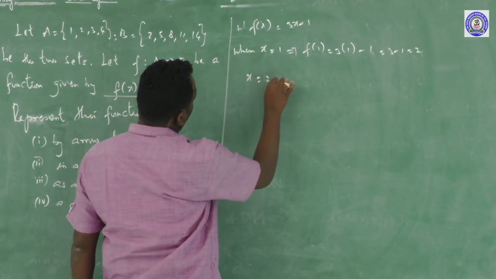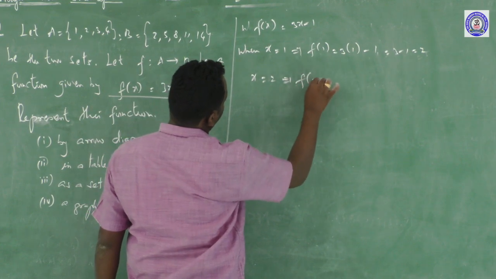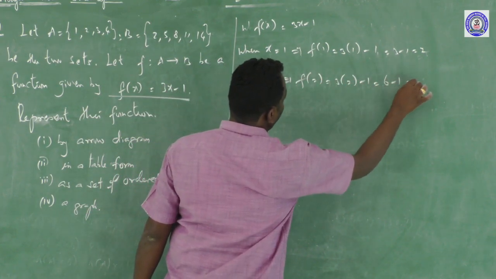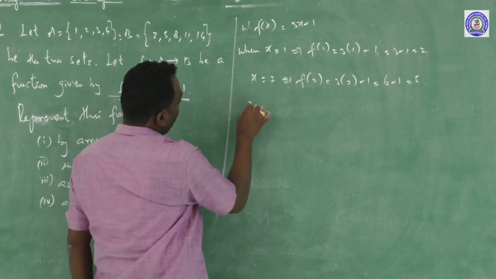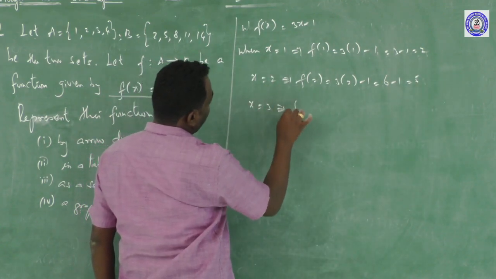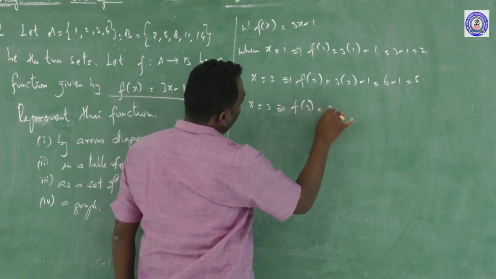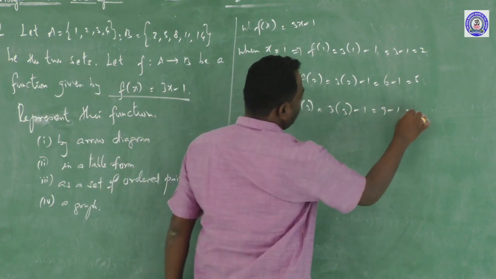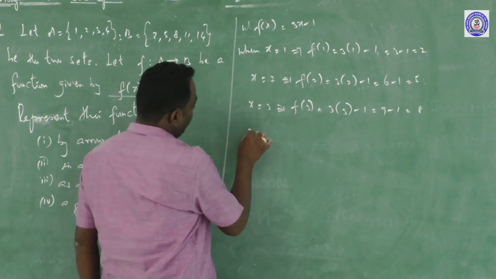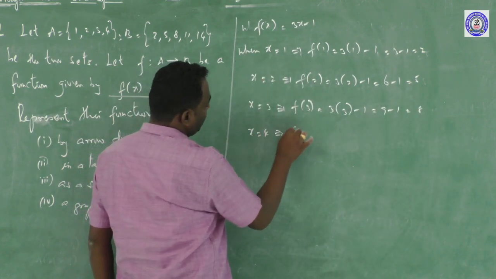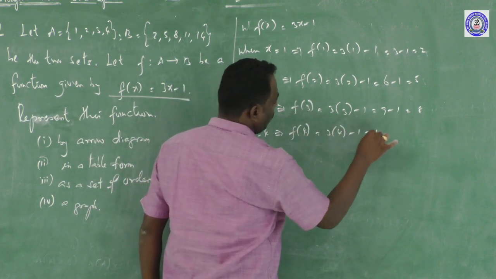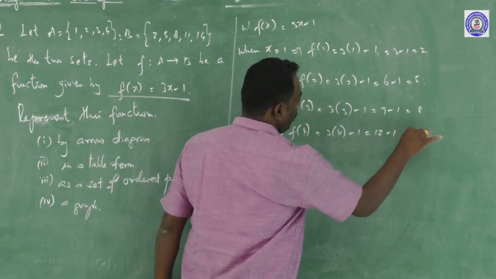Then put x equal to 2: f of 2 is equal to 3 into 2 minus 1, which is 6 minus 1, equal to 5. Then put x equal to 3: f of 3 is equal to 3 into 3 minus 1, which is 9 minus 1, equal to 8. Then put x equal to 4: f of 4 is equal to 3 into 4 minus 1, which is 12 minus 1, equal to 11.